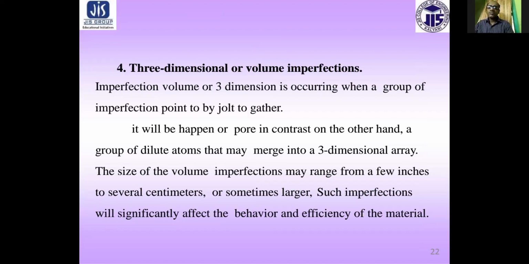The size of a volume imperfection may range from a few inches to several centimeters or sometimes larger. Such imperfections will significantly affect the behavior and efficiency of the material.